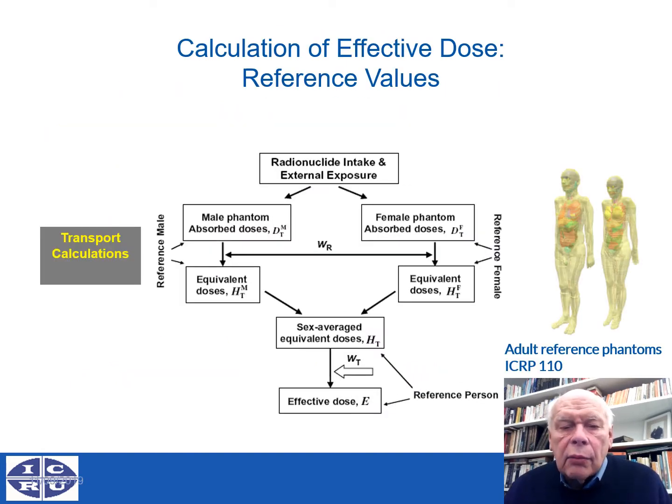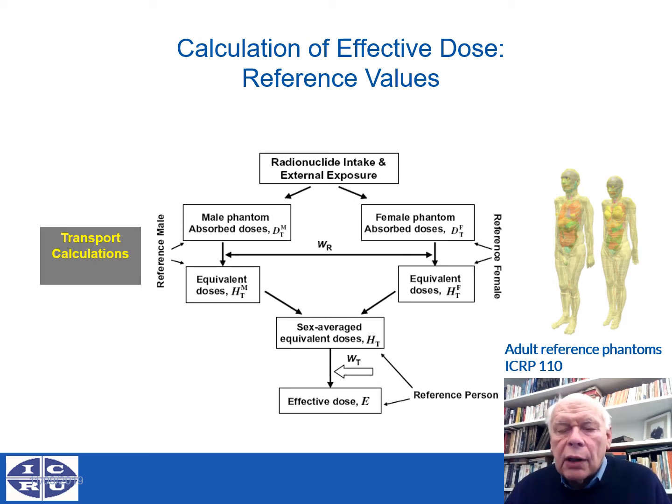Here in this scheme an attempt is made to explain how that is evaluated. Starting off with the exposure situation for external but also for internal radiation, one has two types of reference phantoms, a male and a female.